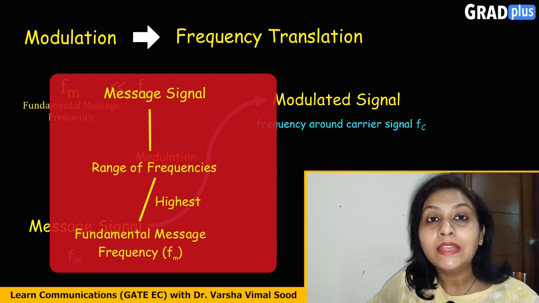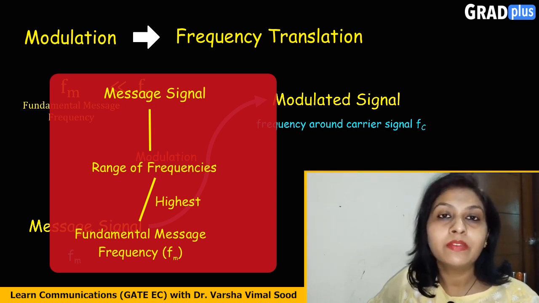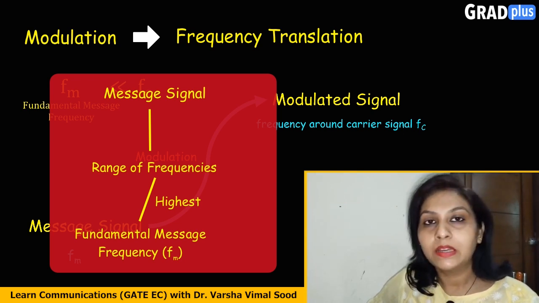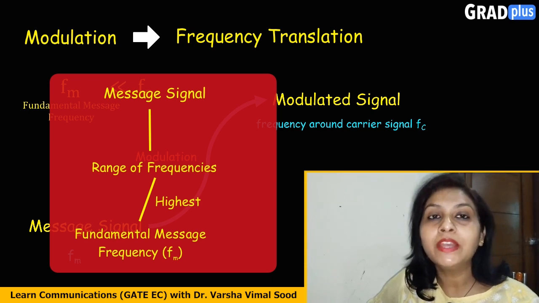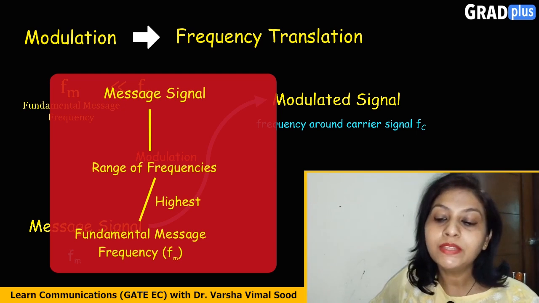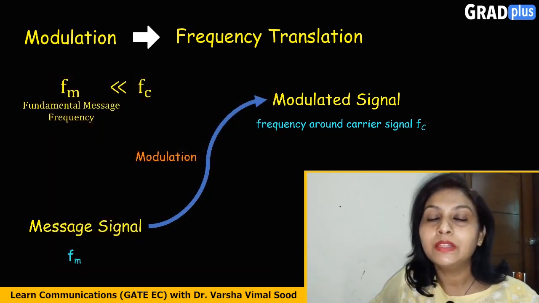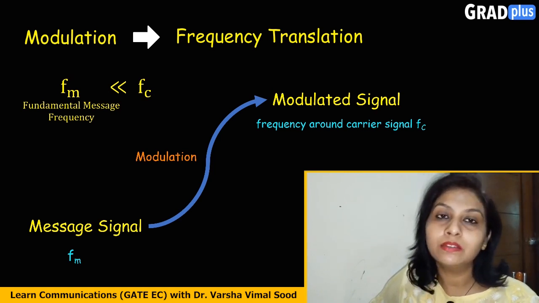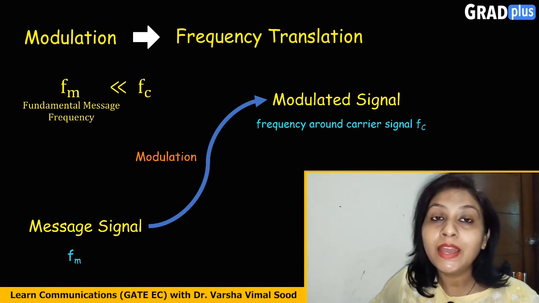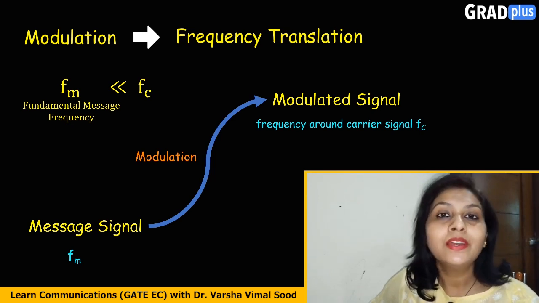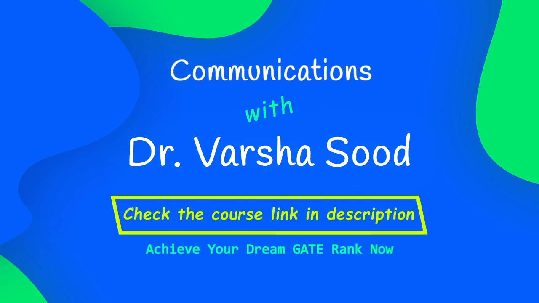So the highest frequency component present in a given message would be known as a fundamental frequency, and usually the message signals comprise of a range of frequencies. The highest frequency component will be known as FM, or the fundamental frequency. So the carrier frequency that we are selecting should be much higher than this frequency. Hence, the frequency translation takes place in case of modulation.